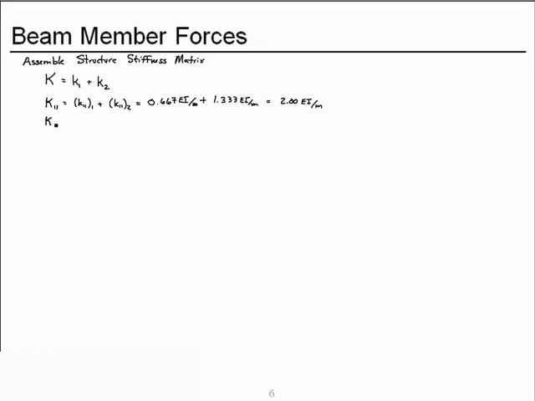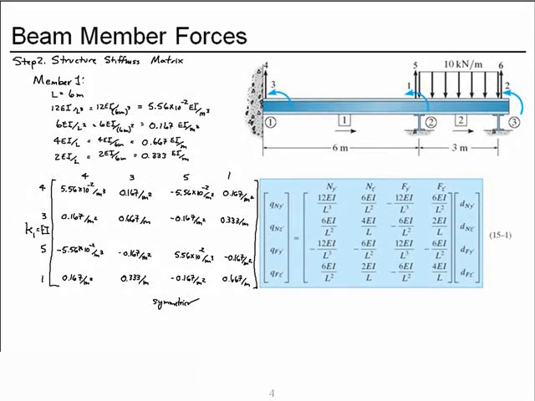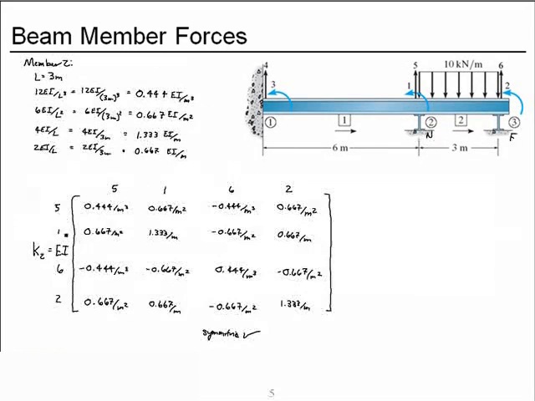Now coefficient 1,5, that is force generated at degree of freedom 1 due to deformation at degree of freedom 5. We'll obtain that by adding the coefficients from each of the two member stiffness matrices. From member 1, row 1, column 5 gives us this coefficient, and from member 2, row 1, column 5 gives us this coefficient.